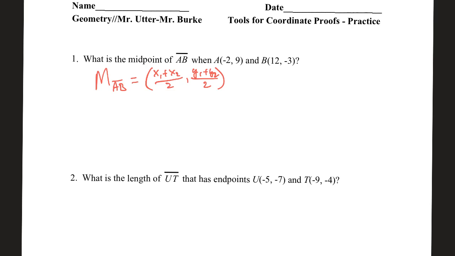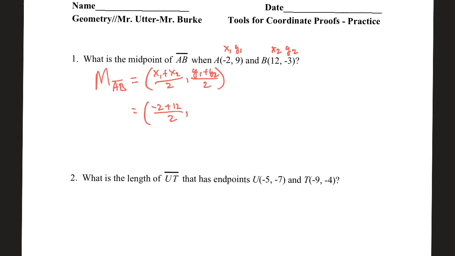I like to label my points x1, y1, x2, and y2 just so that I don't get confused. Now I plug in. X1 is -2 plus 12, divided by 2.